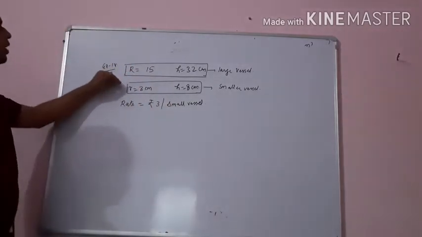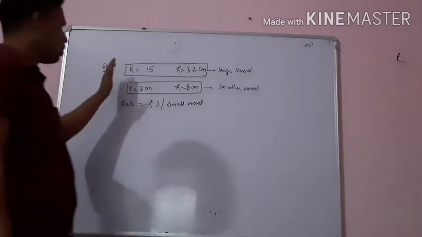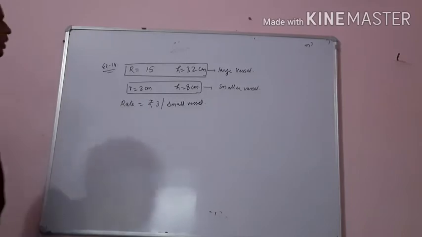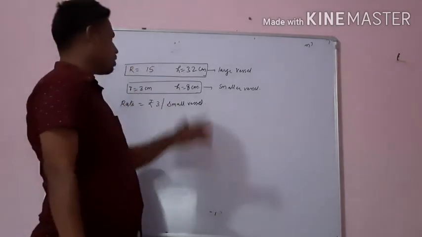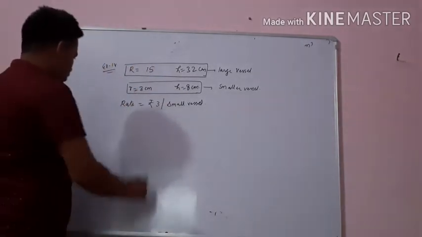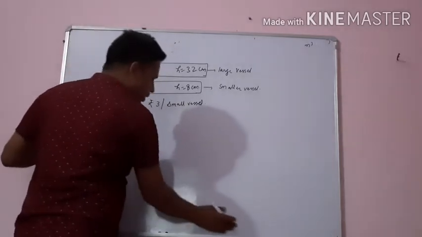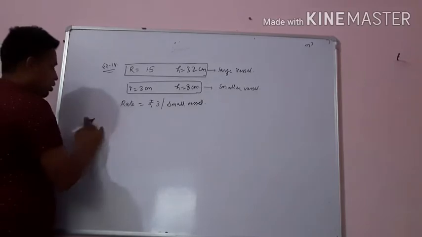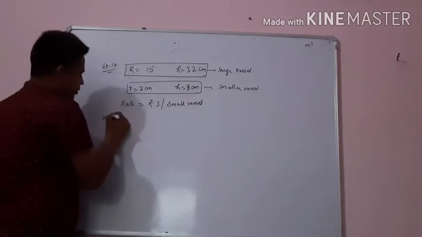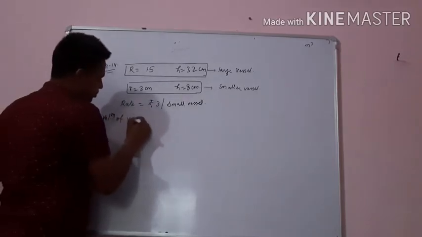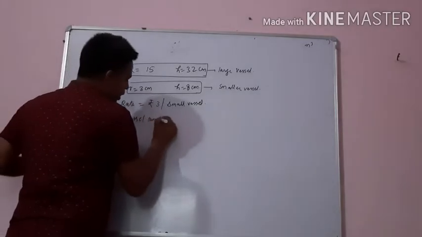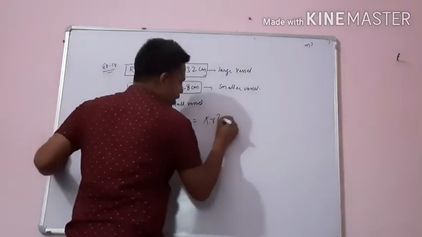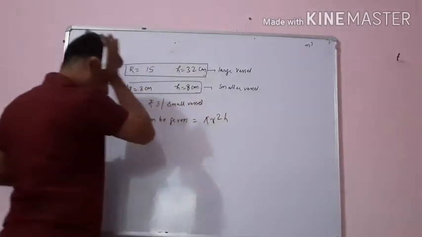Now listen here. Juice has been prepared in the larger vessel whose radius is 15 centimeter and height is 32 centimeter. So here both vessels are in the shape of a cylinder. So volume of vessel can be given by pi r square h.